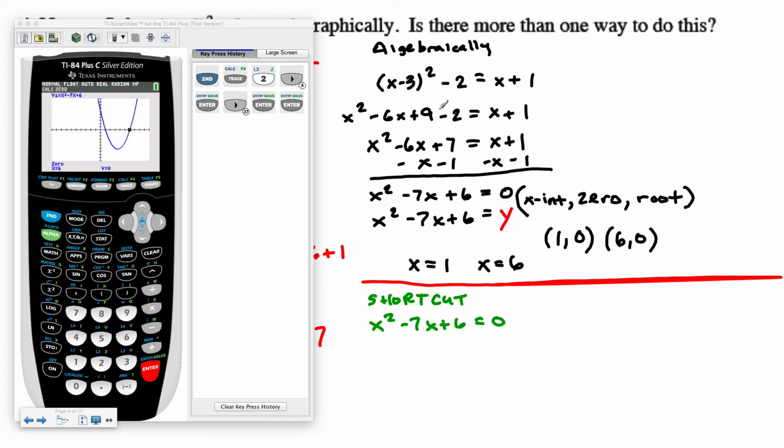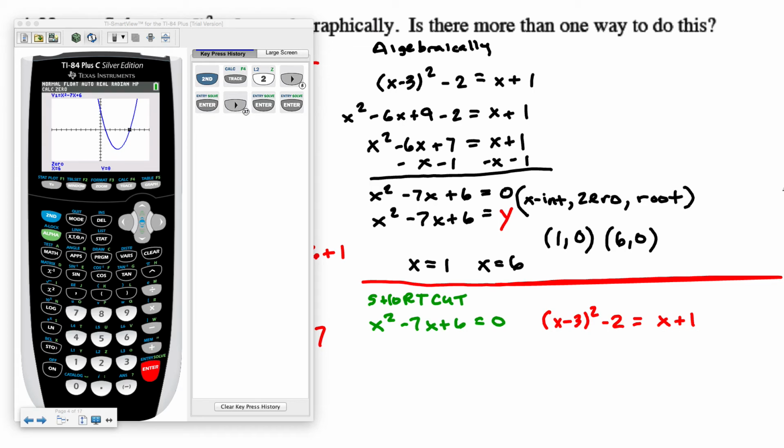So if we start out here with x minus 3 squared minus 2 equals x plus 1, and I'm just looking for something I can use to graph, there's no sense in simplifying all this to create the nice trinomial for graphing.